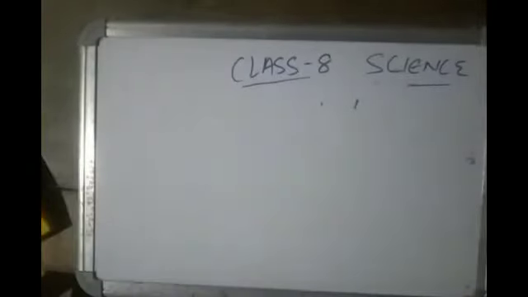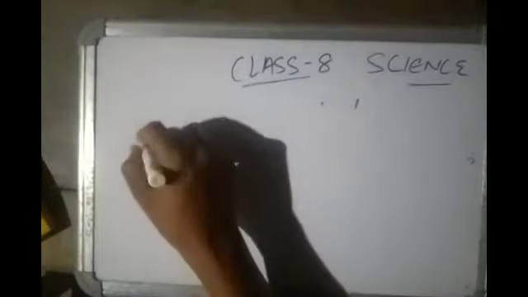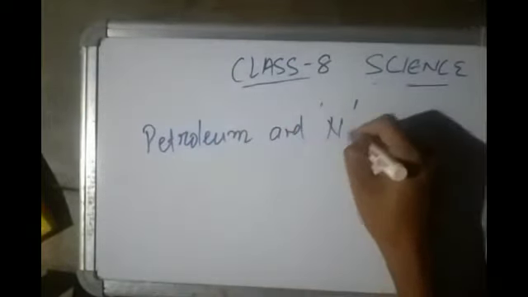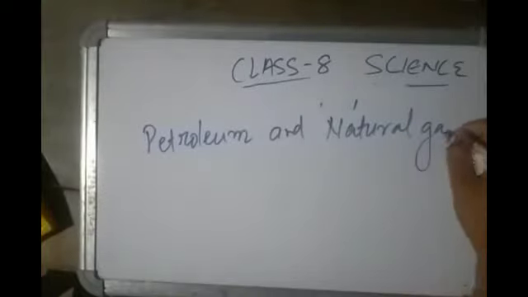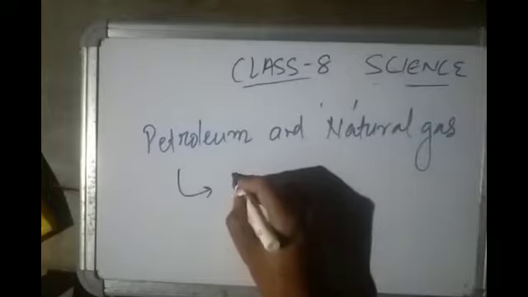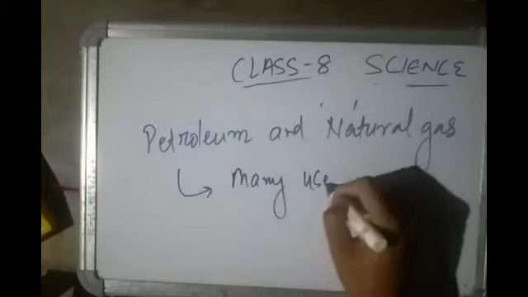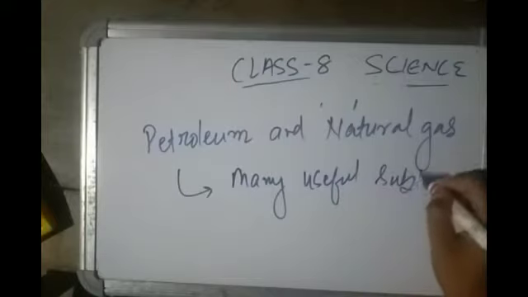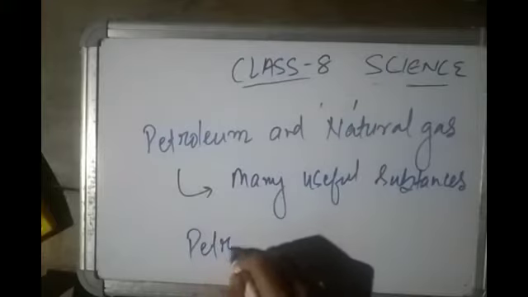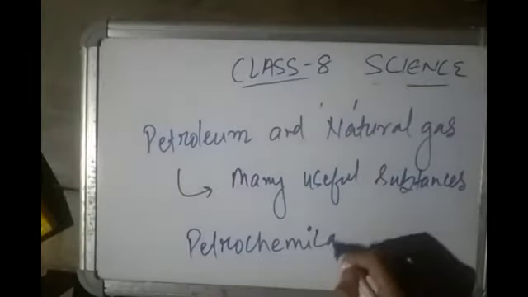One important point is given on page number 60, highlighted by a pink background: many useful substances are obtained from petroleum and natural gas. These are called petrochemicals.